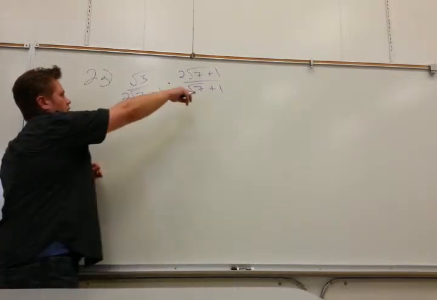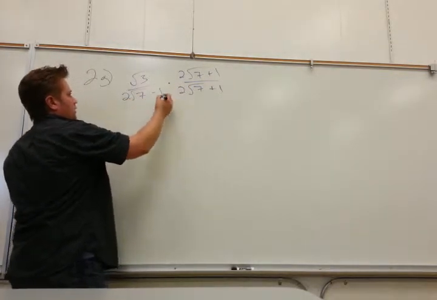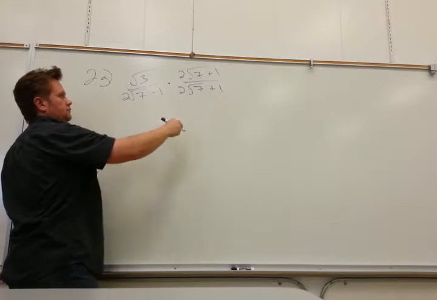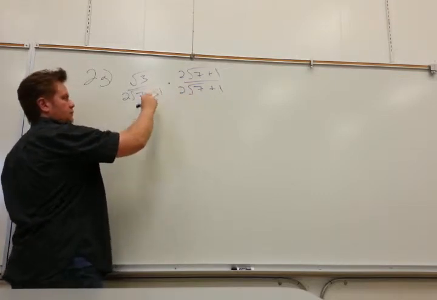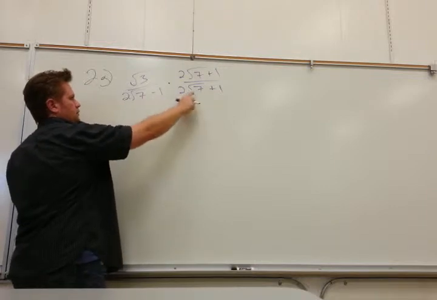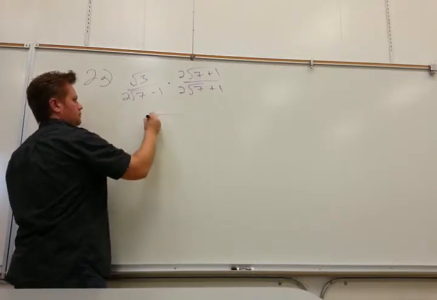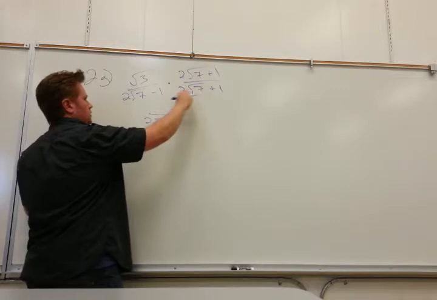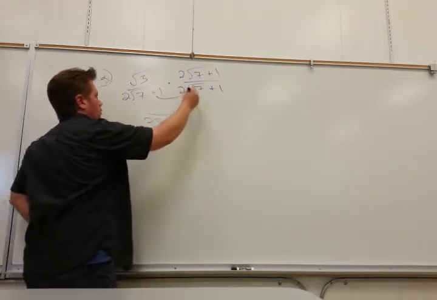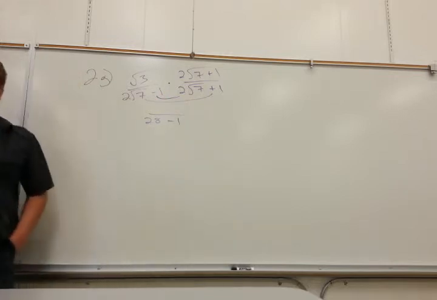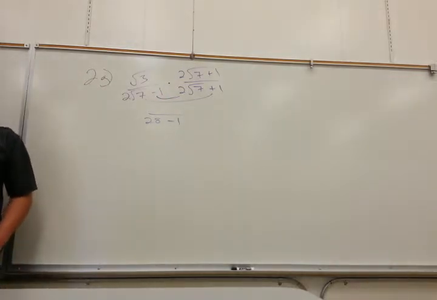And now you just got to do this. You got to FOIL out the bottom. You really don't have to FOIL because the middle term is going to cancel. So what's 2 root 7 times 2 root 7? 4 times 7, so 28. Negative 1 times 1. Sweet. Now you don't have to worry about the O and I in FOIL because the O and the I cancel, right?